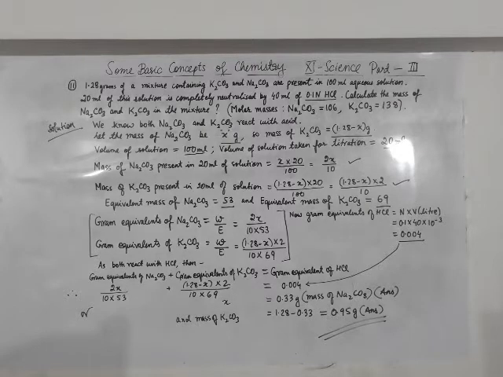This is number 11. Please copy the question. The question says 1.28 grams of a mixture containing potassium carbonate and sodium carbonate are present in 100 ml aqueous solution. 20 ml of the solution is completely neutralized by 40 ml of 0.1 normal HCl.